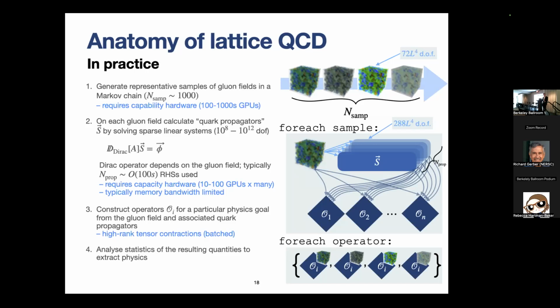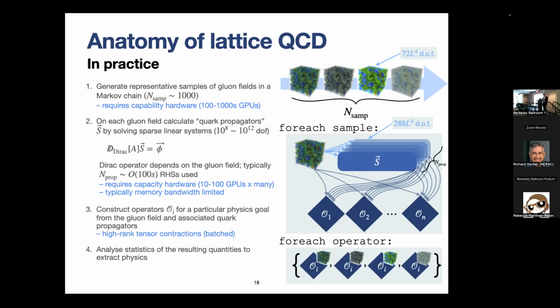Then on those representative samples, you want to compute physics. And this nicely factorizes into a first piece where you compute something called a quark propagator, which basically gives us a probability amplitude for a quark from over here to get over here. And this is something where you're doing very large sparse linear algebra to solve the Dirac equation, a generalization of the Schrodinger equation.